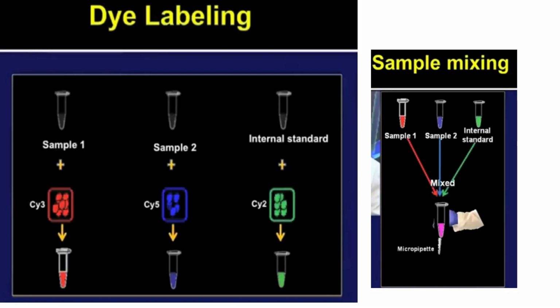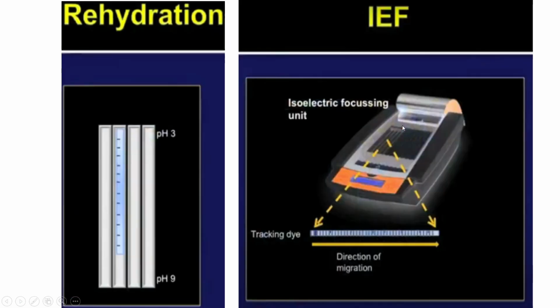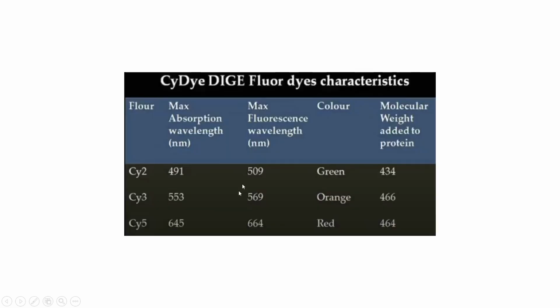If you remember, while doing the sample preparation, this sample one will only be visualized when you are using certain excitation and emission wavelength. Similarly, if you take an image with different excitation emission, you will get Cy3 labeled sample proteins. And if you do this excitation, this emission, you will get Cy5 labeled.